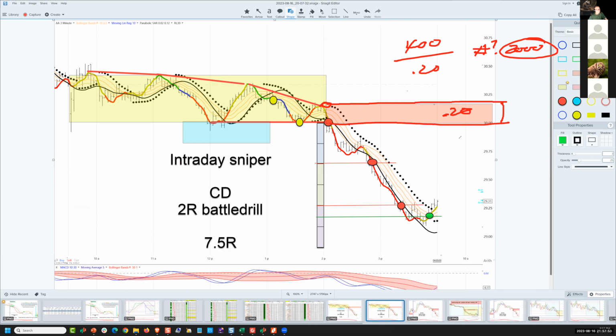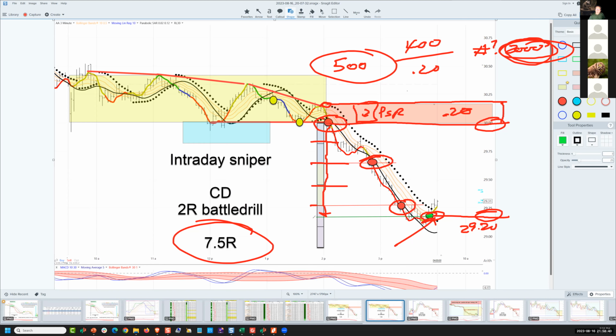What if I just took the first position, though? Instead of 7.5, I can get 4.5 execution R, which means that for every share we made 80 cents times $400, or I'm sorry, let me say it again.